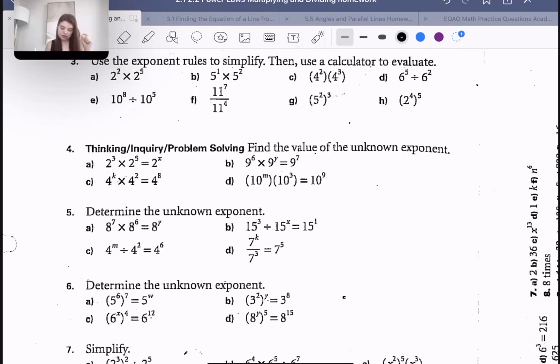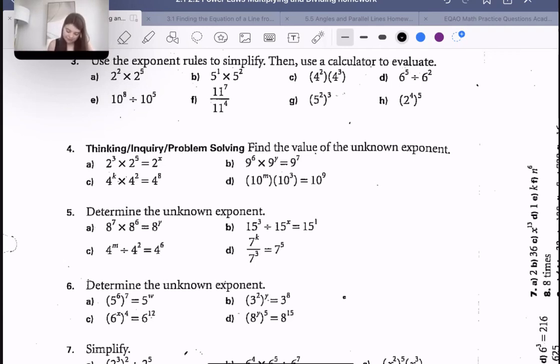They want us to use the exponent rules to simplify first. So make sure on a test that you don't just put the answer if it asks you to use exponent rules to simplify first, because in order to get full marks, they may want to see both steps done. Now that said, you can just punch these numbers in your calculator to check your answer because it should be the same if done properly.